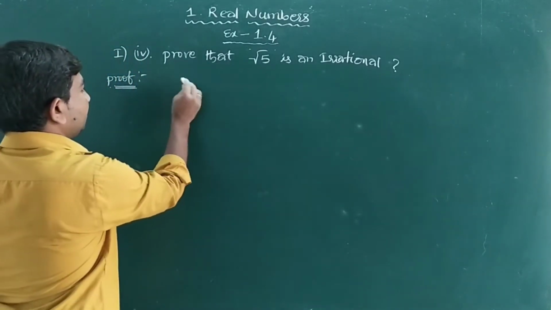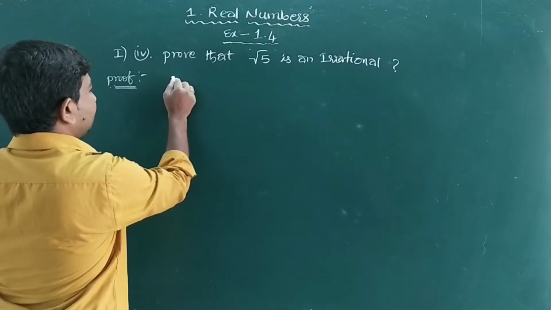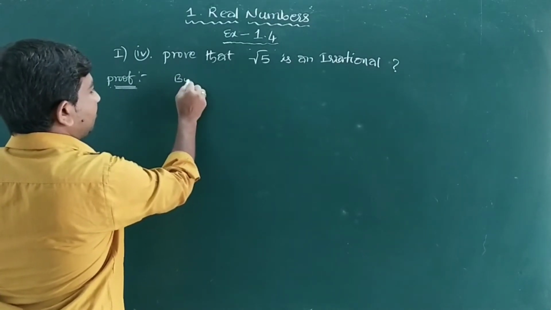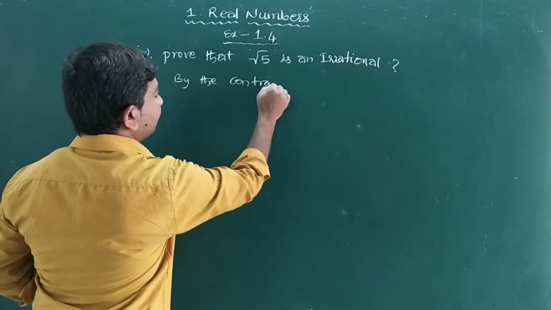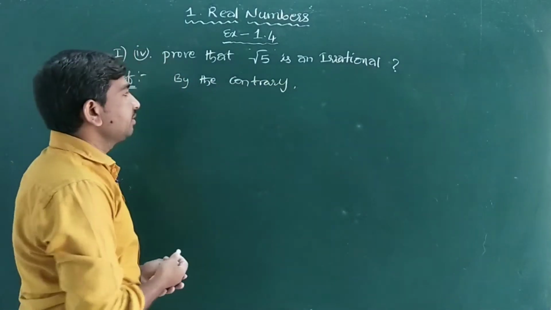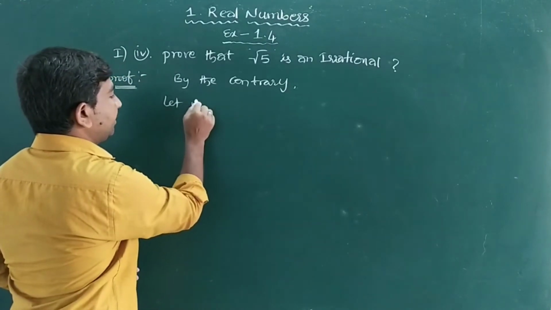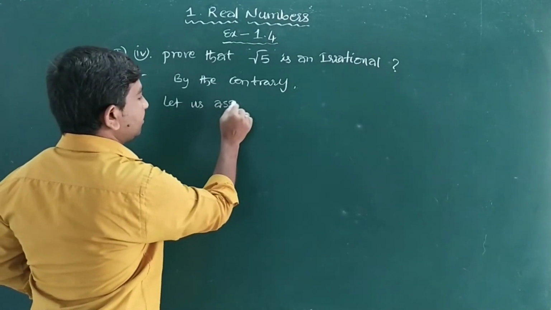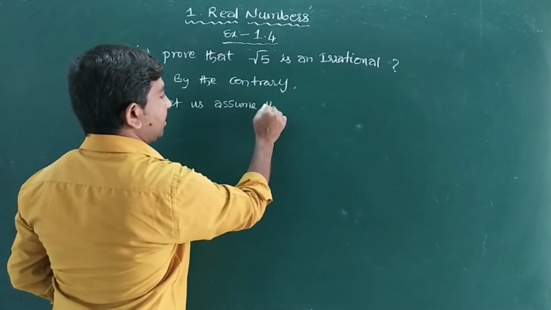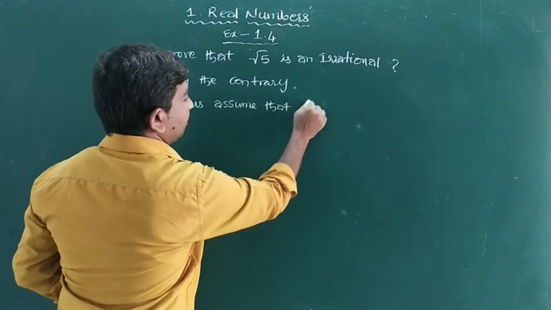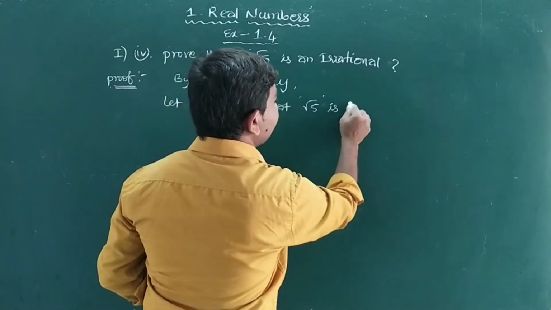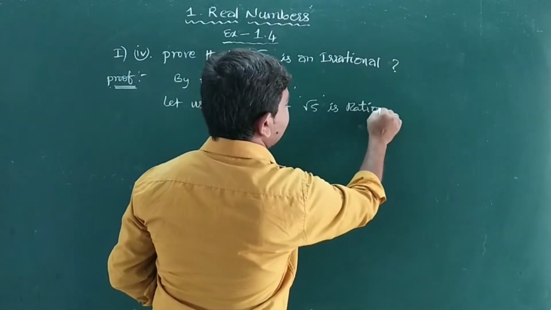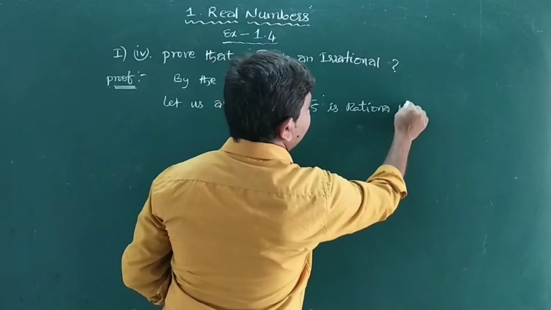By the contrary, let us assume that root 5 is a rational number.